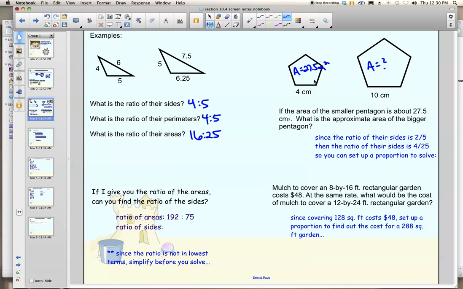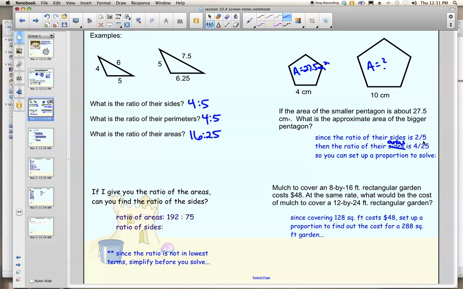The ratio of their sides is 4 to 10, which would reduce down to 2 to 5, which tells us then that the ratio of their areas is 4 to 25 because we square 2 and square 5. So the ratio of their areas would be 4 to 25.